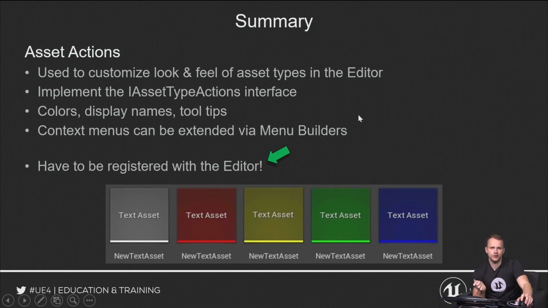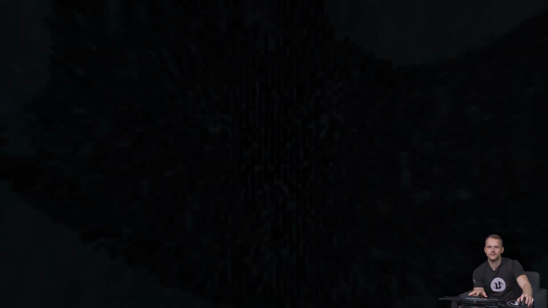Since those are not UObject derived, they cannot be discovered automatically by the editor. So you actually have to tell the editor that you wish to provide these actions by registering them by hand. And in the next video, we are going to see how exactly that is taking place.